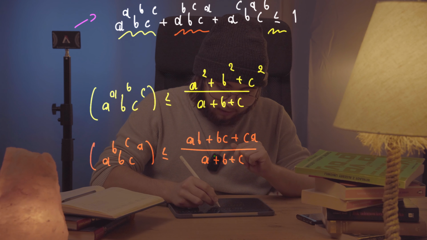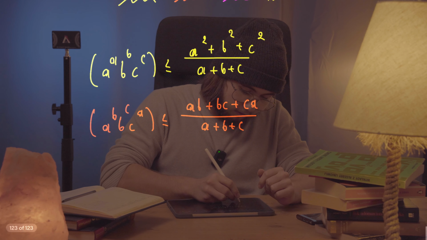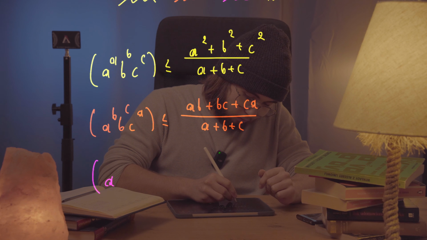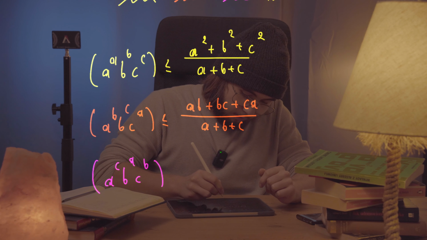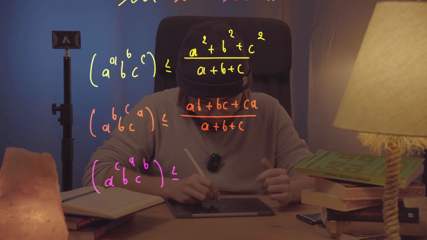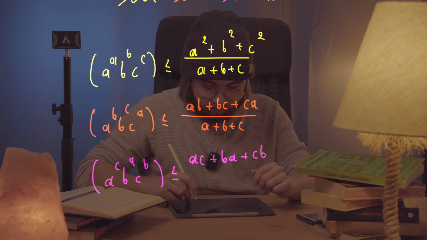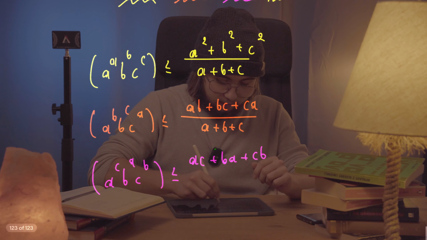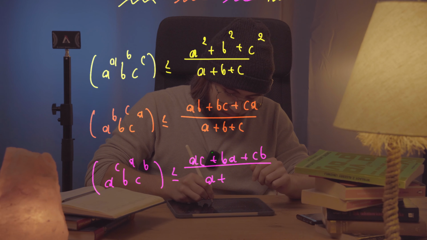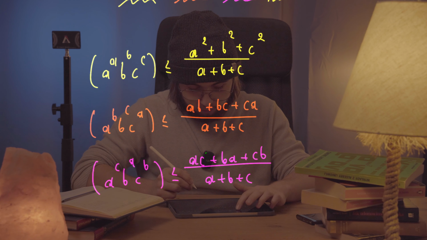So now the third term, that's going to be a to the c, b to the a, and c to the b. That's going to be less than or equal to, well, once again, a times its weight plus b times its weight plus c times its weight, and then everything divided by the sum of those weights.